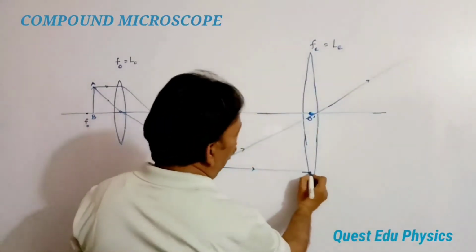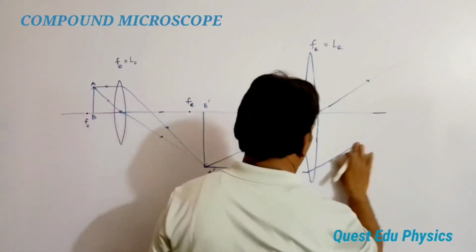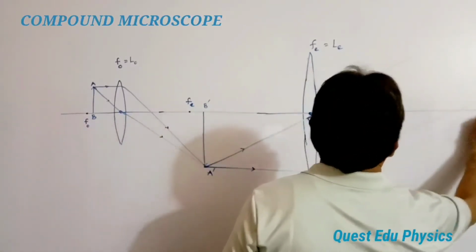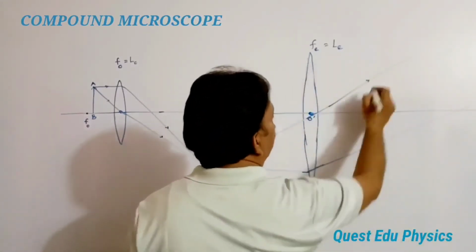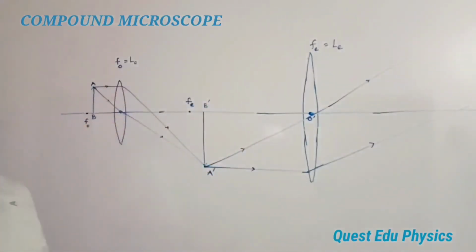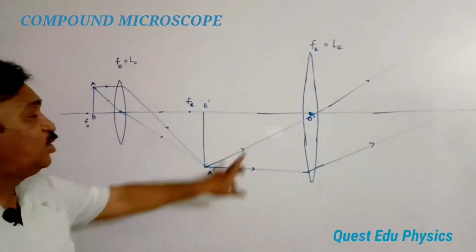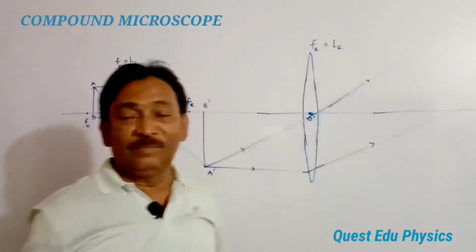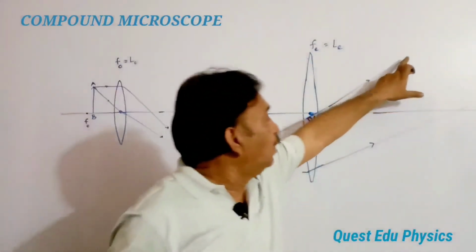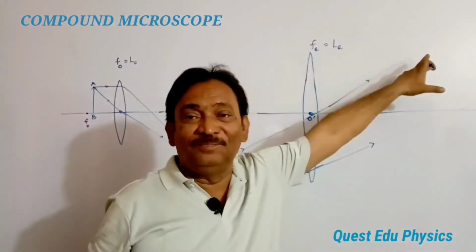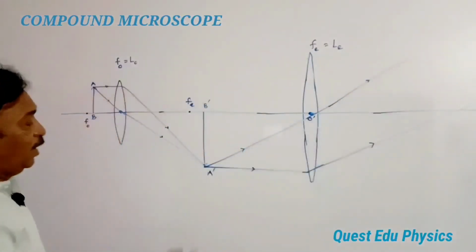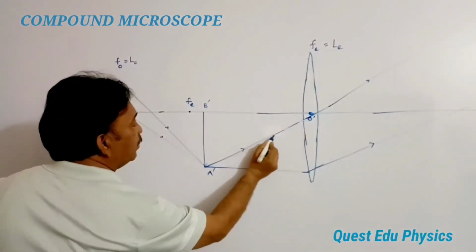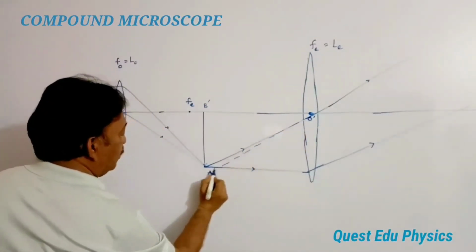In the same way, after refraction, it might pass like this. If you watch these two rays, you will find that the gap between the two is increasing, so they can't meet at a particular position here. Then we have to produce them back.